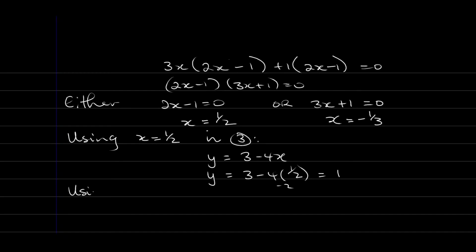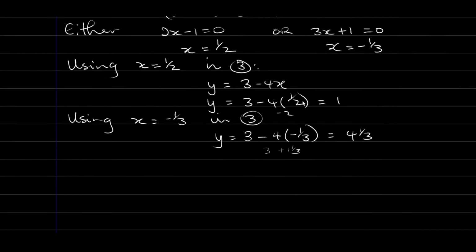We're going to say using x equal to negative a third in equation number 3, we have that y is equal to 3 minus 4 into negative a third, which is going to be a positive 4 over 3. 4 over 3 is 1 and 1/3 positive, so that means we're going to have 3 plus that, so it's 4 and 1/3 as the answer there, and hence your points of intersection are going to be a half and 1, and the other one is going to be negative 1/3 and 4 and a third.